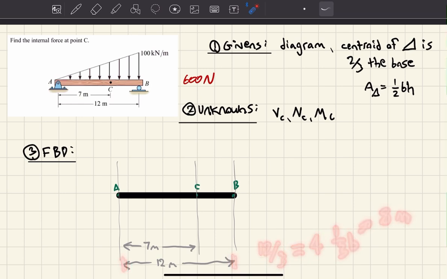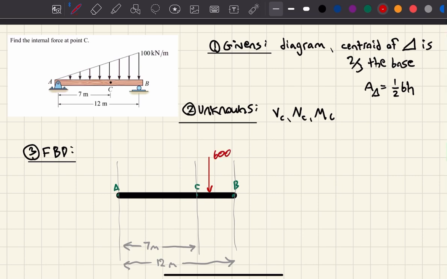So my resultant force is 600 newtons, and it applies at 8 meters, 2/3 the base. We'll say 8 meters is about right there. It's 600 newtons in magnitude, and it applies from here to here. This is 1 meter, because if this is 7, this is 1. So it's 8 meters away from point A.